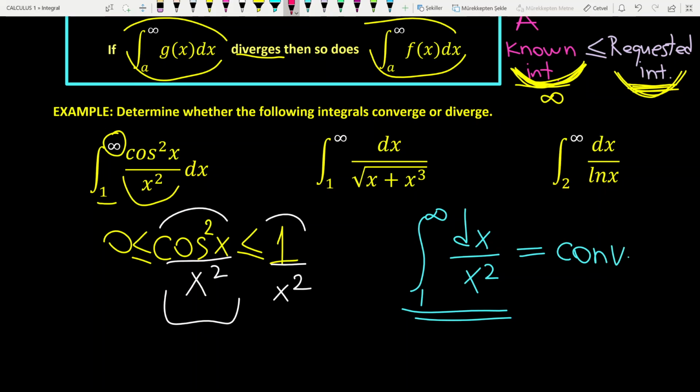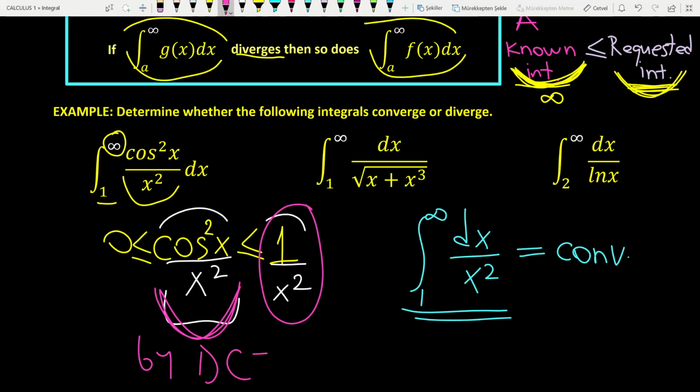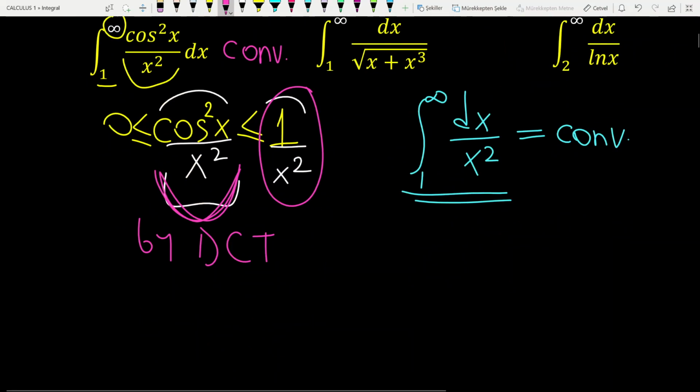If the answer of the greater improper integral is a number, then the answer of the smaller improper integral must be a number. So by the direct comparison test, the given improper integral is convergent. This is the answer. So what about the second question?